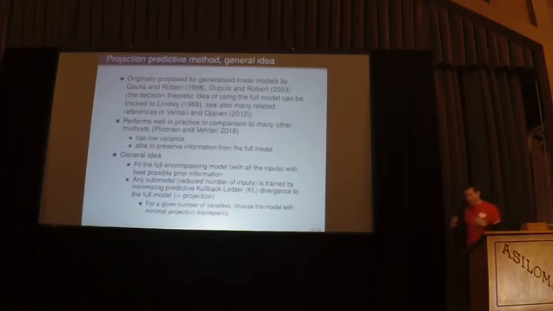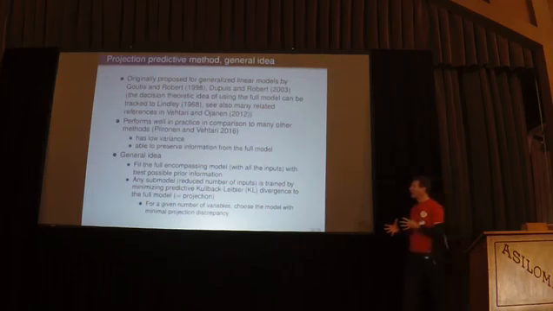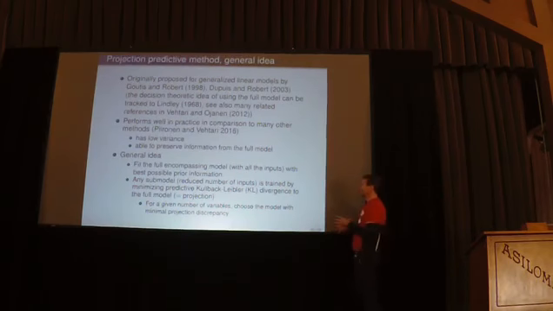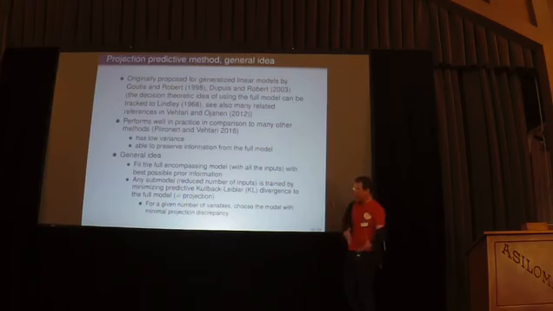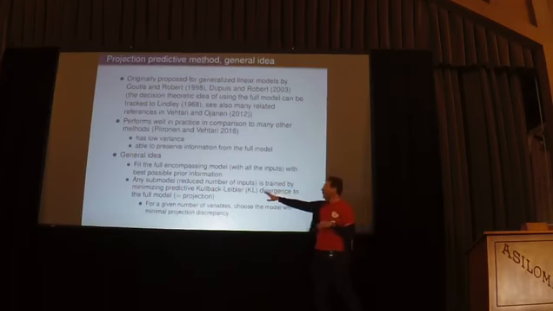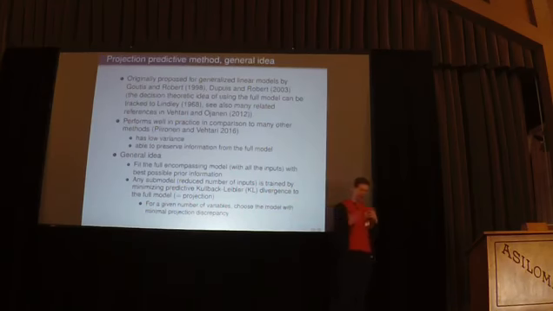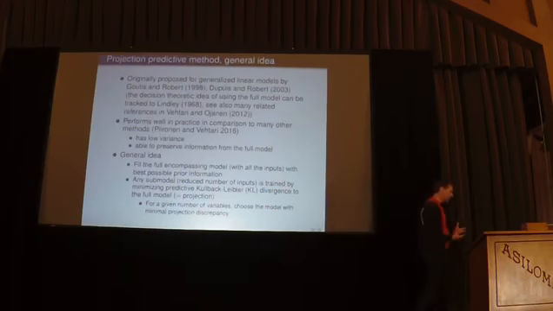So we take the full model, and instead of fitting a posterior again with a reduced number of covariates, we project the full posterior to a restricted subspace, and this projection is made so that we minimize the Kullback-Leibler divergence of our predictions.